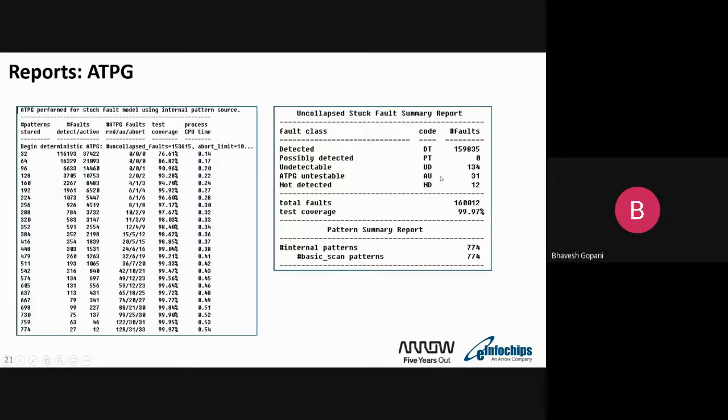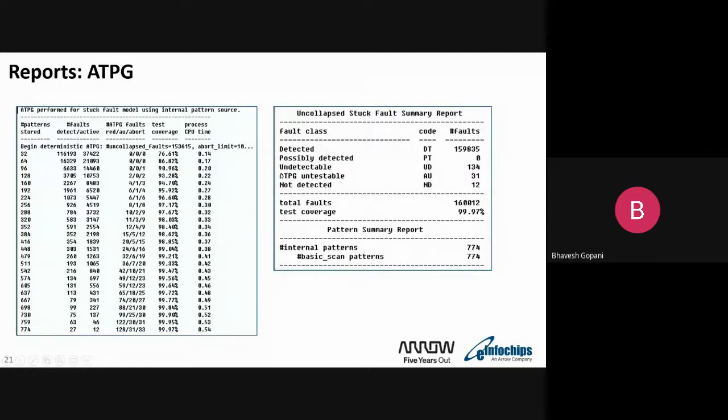So normally for us as a DFT engineer, the challenging part would be ATPG untestable faults. So why are these faults untestable? Those are the main target to focus on.